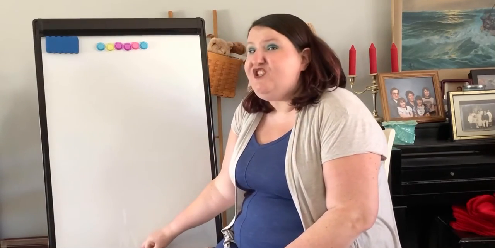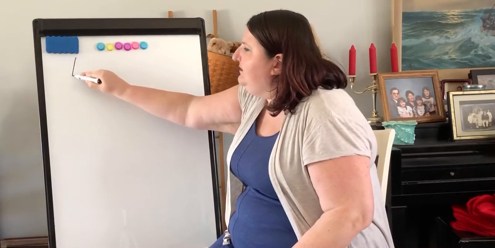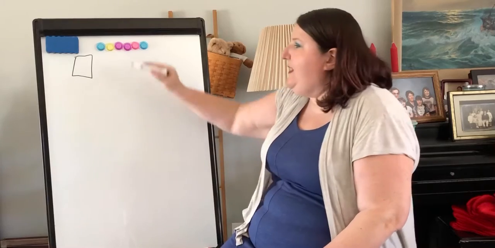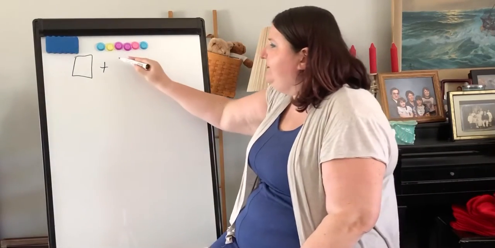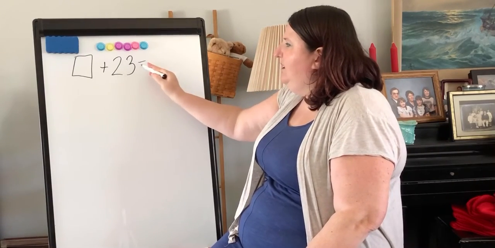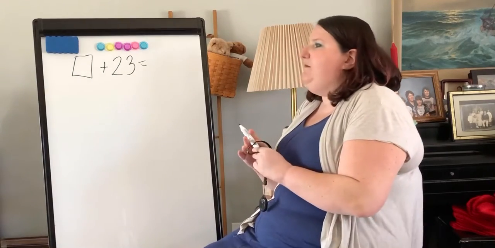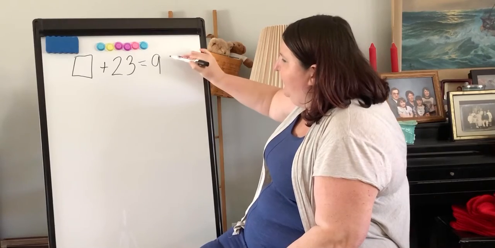Once again, the start will be unknown. However, this time, we are going to be combining. So I'm going to use that plus sign. Unknown plus 23 is the same as 97.